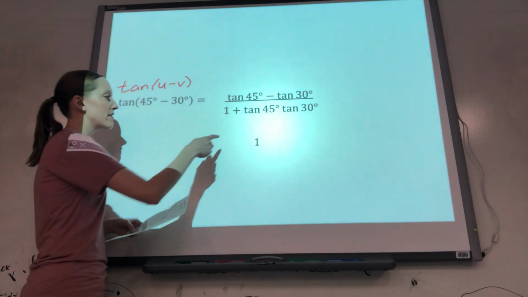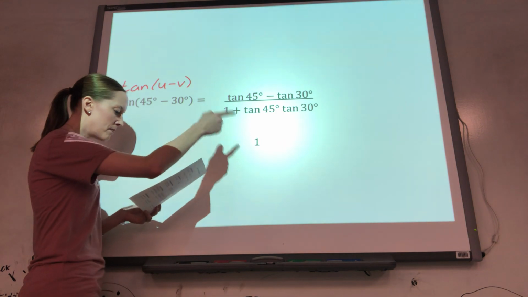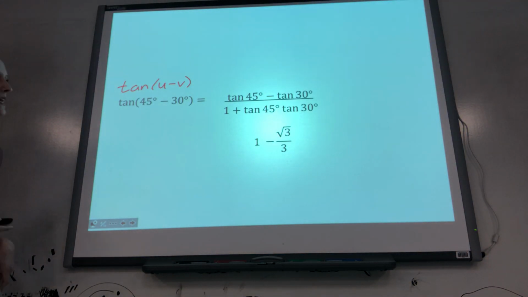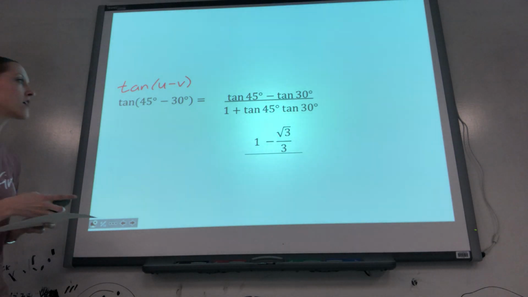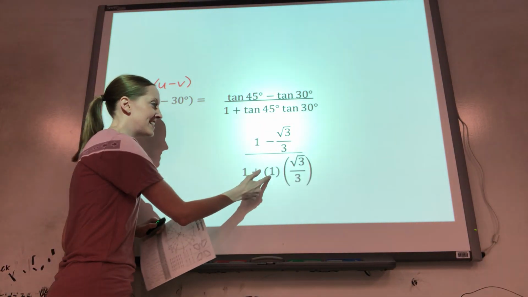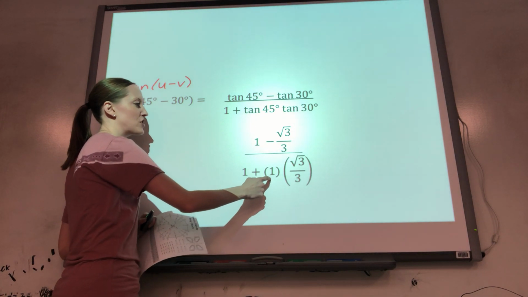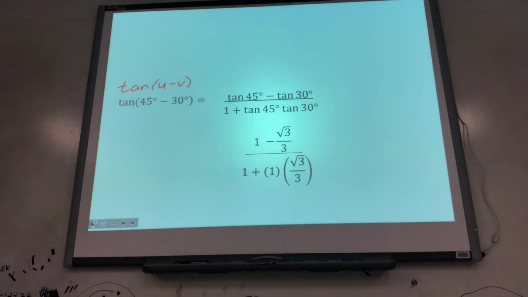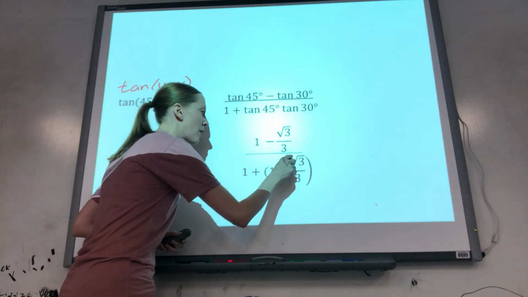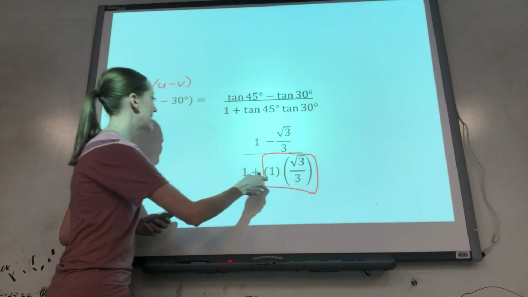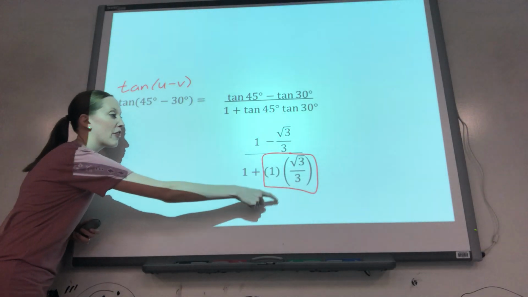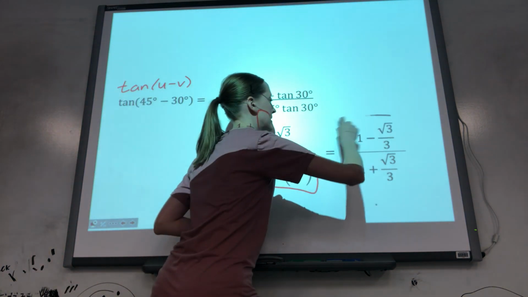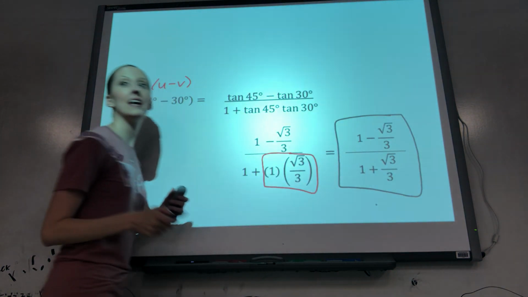Tangent of 45 is 1 minus tangent of 30, which is radical 3 over 3, all over 1 plus tangent of 45, which is 1, times tangent of 30, which is radical 3 over 3. You need to multiply these two numbers together, but anything times 1 is just that thing. And again, you don't have to go any further with that. You can just leave it the way it is.